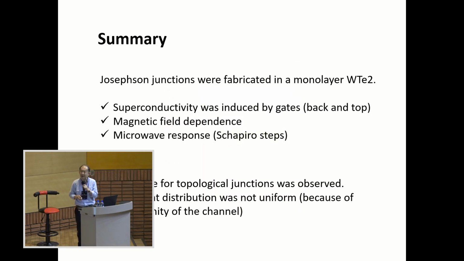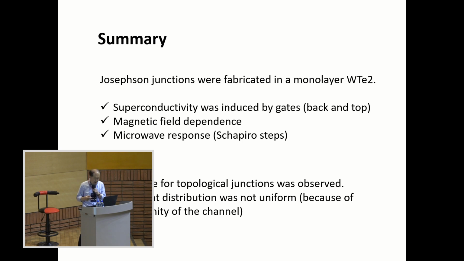So in summary, we fabricated Josephson junctions in monolayer tungsten ditelluride and mercury telluride. In this case, superconductivity was induced, and we measured the magnetic field dependence and also the microwave response. But in the tungsten ditelluride case, we did not see any signature of a topological phase.